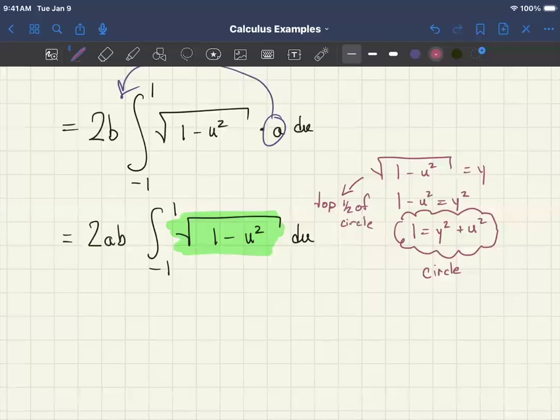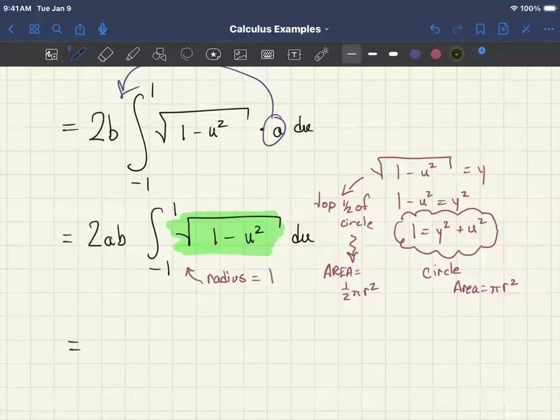So our original circle area is equal to pi r squared. Top half of the circle area is equal to 1/2 pi radius squared. And in this case, what is our radius here? Our radius is going to be equal to 1. And we see that with our bounds right there.